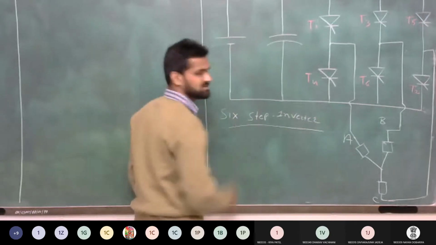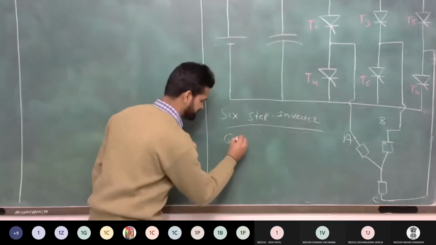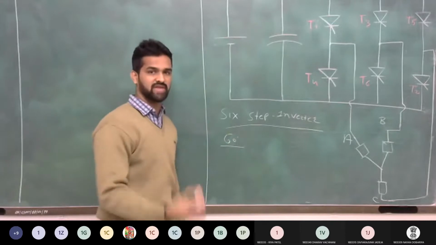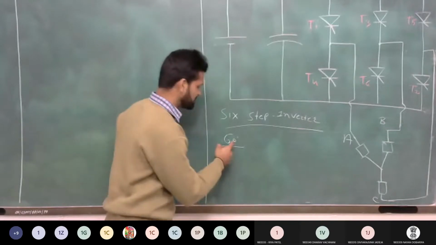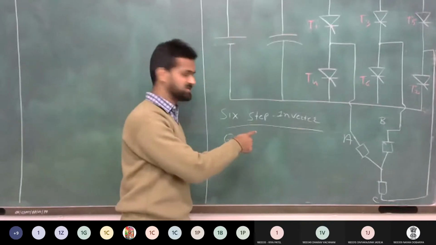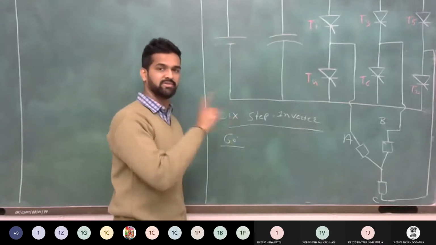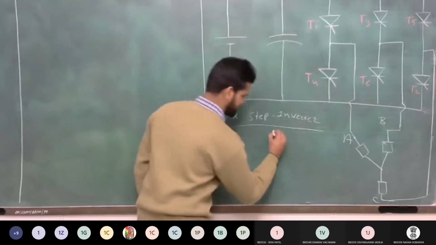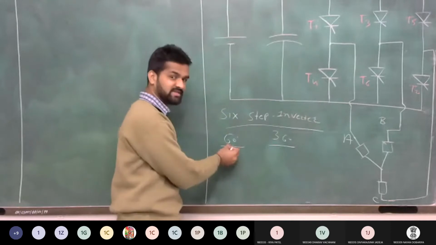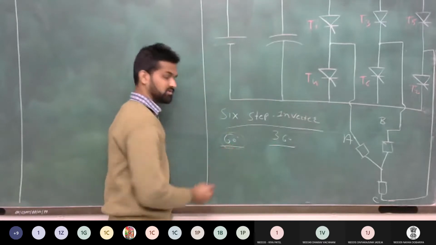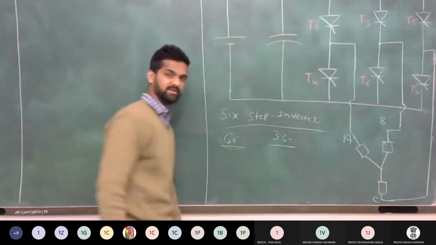In this 180-degree or 120-degree mode of inverter, at every 60-degree interval, one thyristor is turned on and the previous thyristor is turned off. The definition of a step is the turning on of the new thyristor and the turning off of the previous thyristor. So in one cycle of your output voltage, you get 60-degree steps where one new thyristor is turned on. That's why it is called a 6-step inverter.